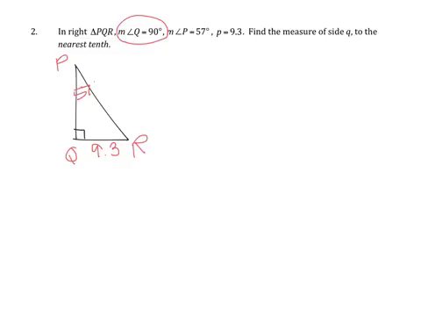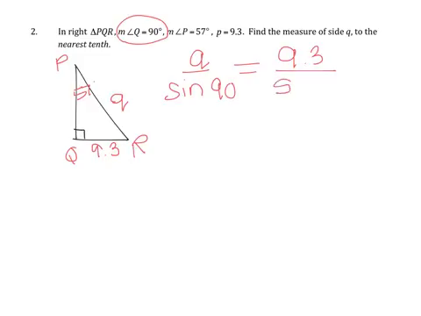So that's across from the right angle, our variable which we're looking to solve. So I have q divided by sine of 90 is equal to 9.3, the length of the side that is opposite angle P, over sine 57.